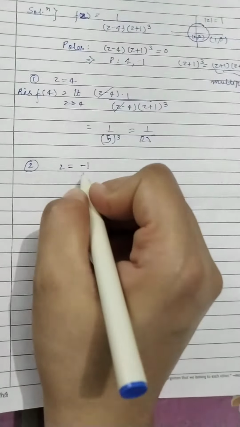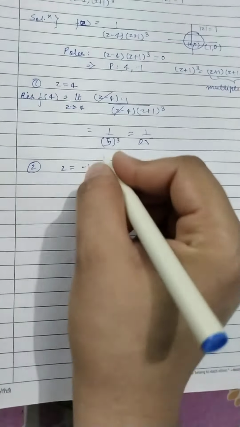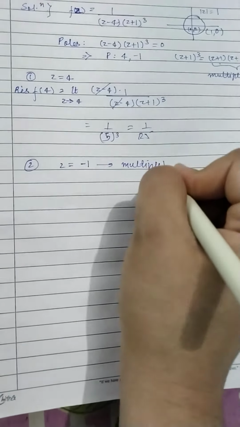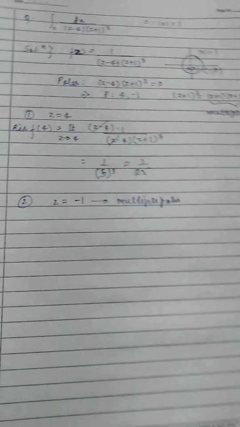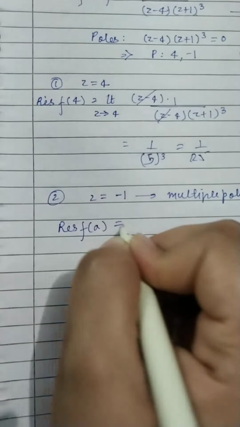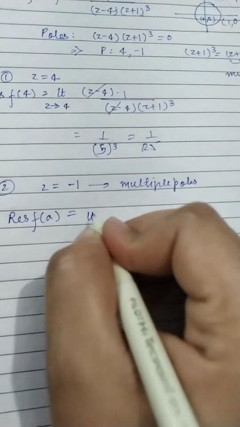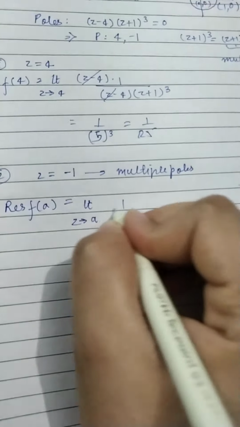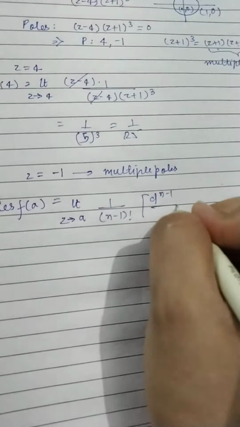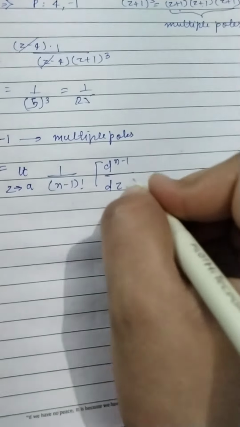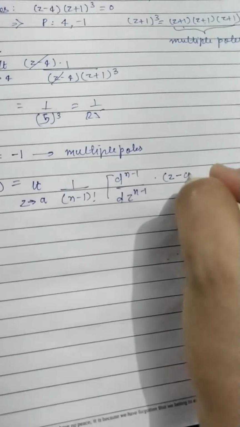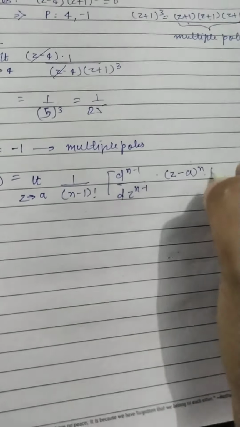So for z equals minus 1, first we will see how we find the residue for multiple poles. What is the formula? Residue of f at a, where a is a multiple pole of order n, is the limit as z tends to a of 1 upon (n minus 1) factorial into d to the power n minus 1 upon dz to the power n minus 1 of (z minus a) to the power n into f of z.